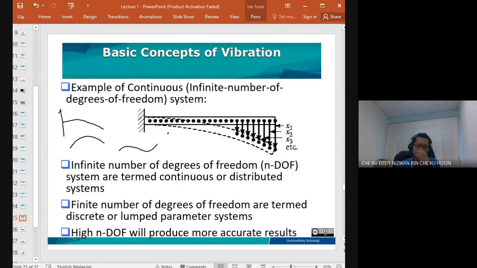So for example, if this beam has a second natural frequency, this one is the second mode shape, and say the second natural frequency is 10 Hz. Then you put a motor on this beam and set the motor speed so that you excite 10 Hz.